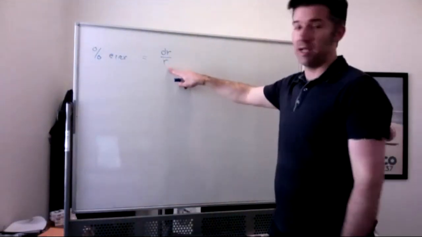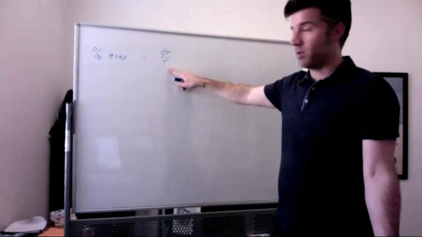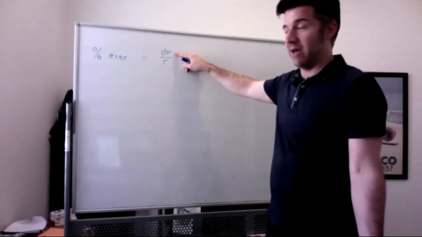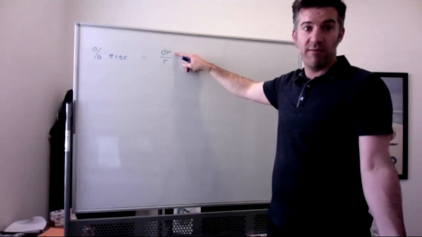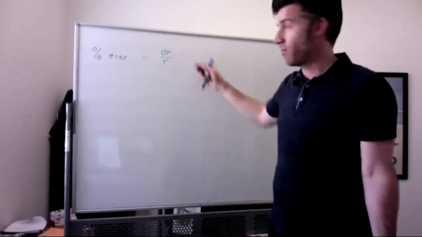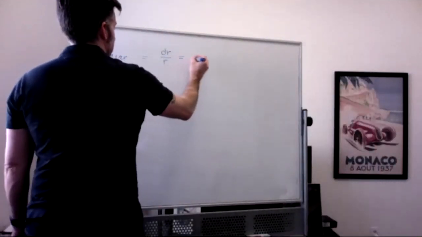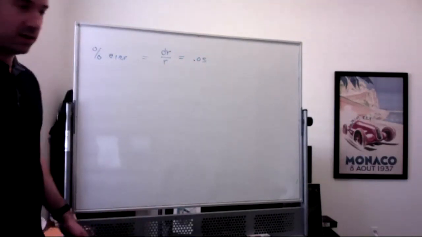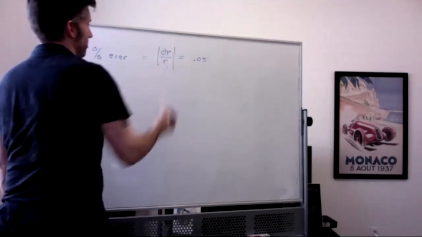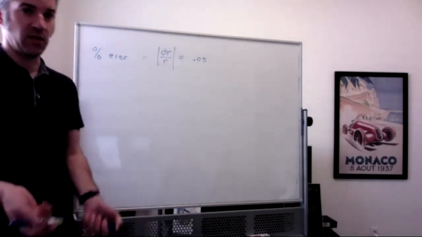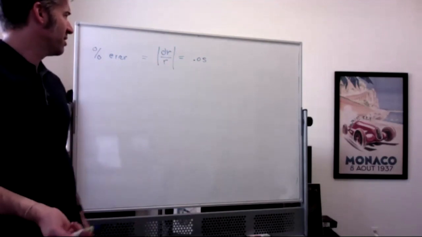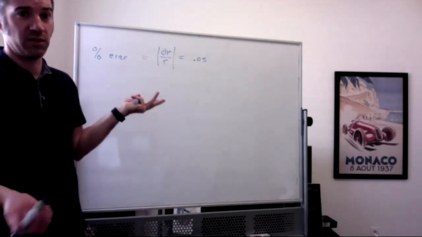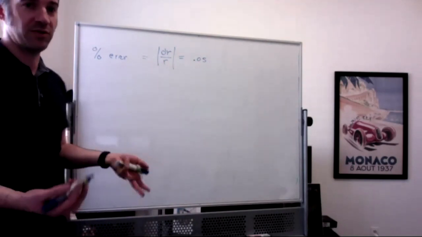So if the actual radius were 100 feet, and the possible change in the radius was plus or minus 5 feet, that would be a percent error of 5%, or 0.05. Now there's one small thing I'm missing here for this problem, and that's an absolute value. Because it can actually be above by 5% or below by 5%, so we throw an absolute value in there. So we need to make this work with our other stuff. I know I didn't say that very well, but here's what I mean.